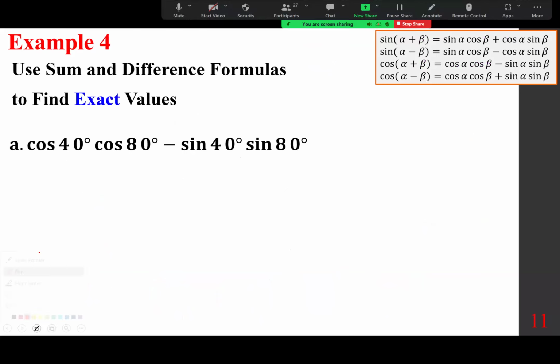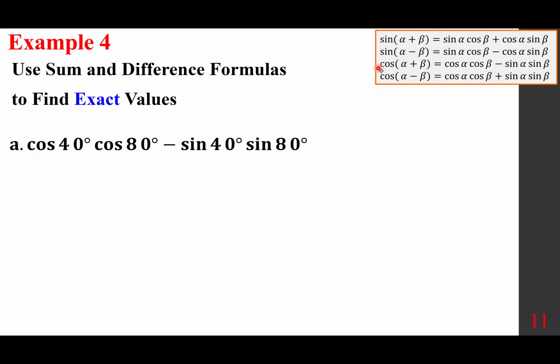Use sum and difference formulas to find the exact values. Cosine of 40 cosine of 80 minus sine of 40 sine of 80. So this looks like what? Take a look at cosine of alpha plus beta. Again, you have to memorize these formulas. So it looks like cosine of alpha plus beta. So it's cosine of 40 plus 80, which is 120 degrees.